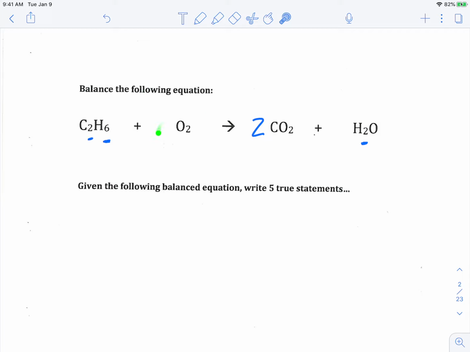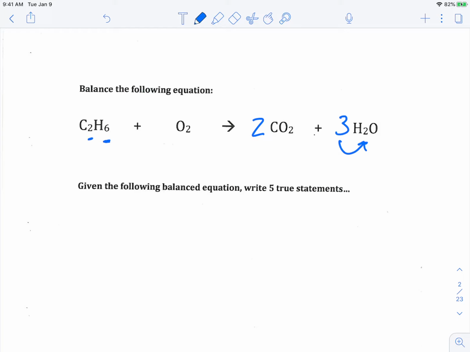So I have an even number of oxygens on the reactant side and an odd number on the product side. That's going to make it harder. So I'm going to balance the H's by adding a 3 in front, because the 3 is going to distribute. I have 3 times 2, which is 6, which matches my 6 hydrogens on the left-hand side. Everything is balanced except for the O's.